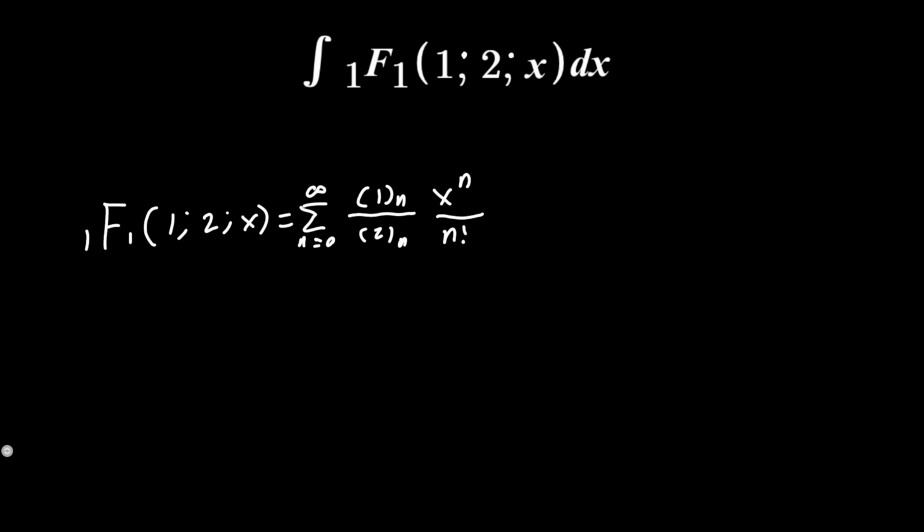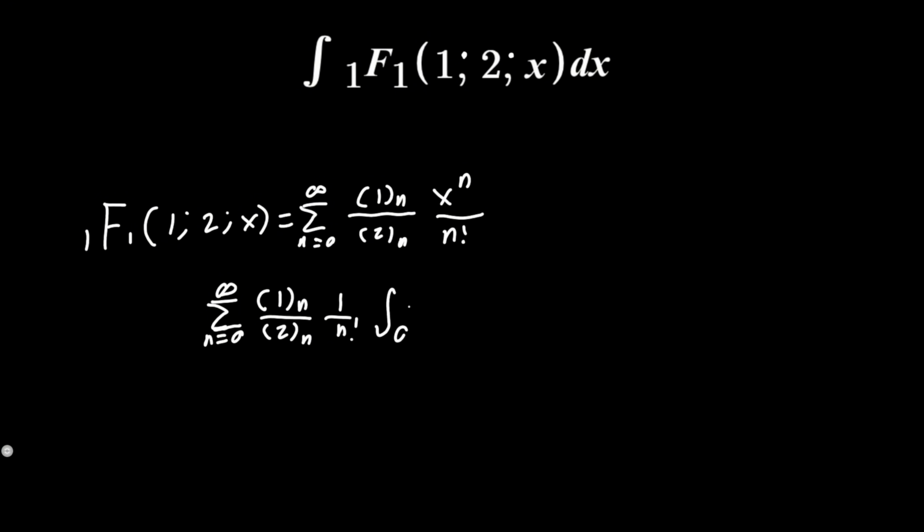So with that in mind, we want to find, I guess, an integral or antiderivative to this hypergeometric function. And we're going to rewrite it using the series definition, right? So if we look at x to the n, we have the sum as n equals 0 to infinity of Pochhammer of 1 and Pochhammer of 2, and then 1 over n factorial.